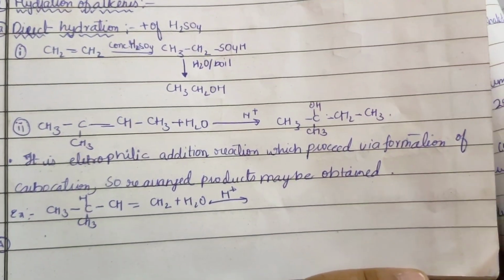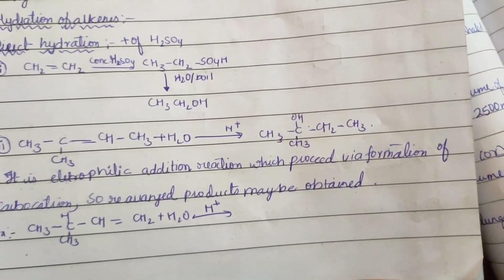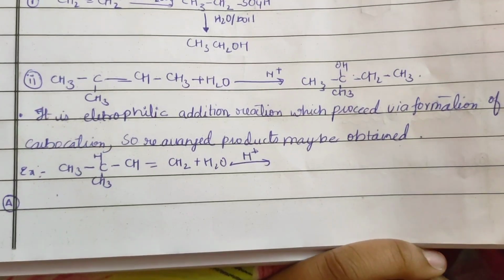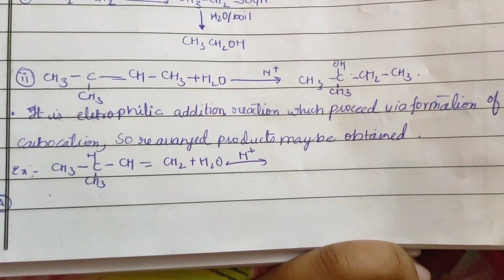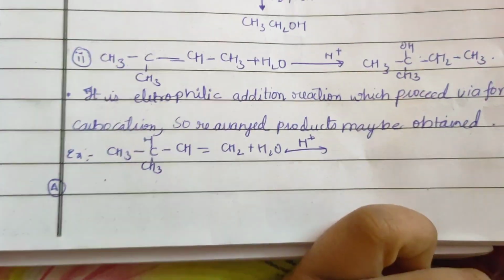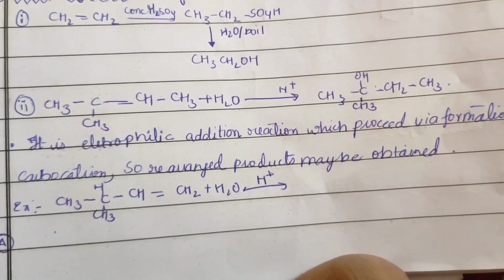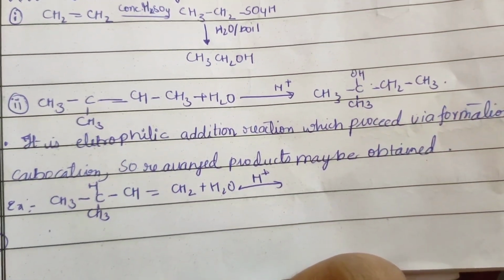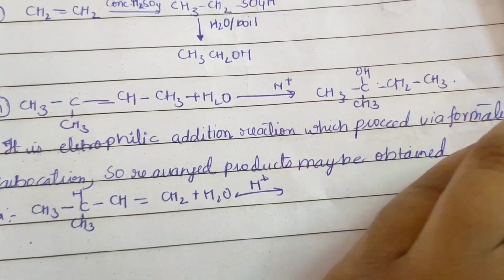Now it is an electrophilic addition reaction which proceeds via formation of carbocation, so rearranged products may be obtained. For example, here an alkene plus H2O added with H plus ions.